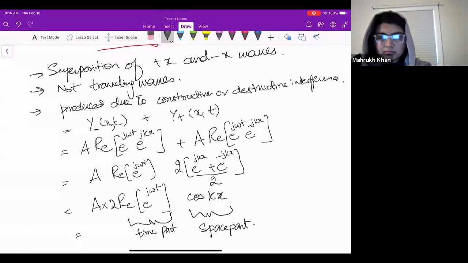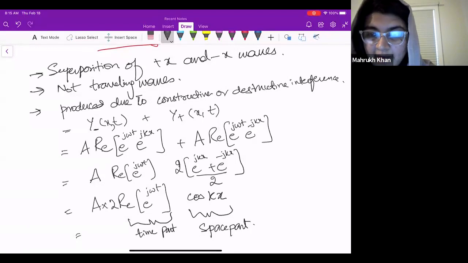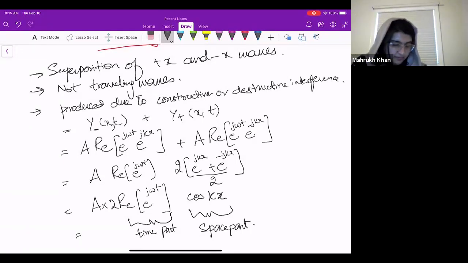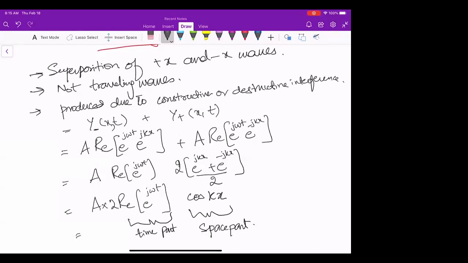Okay, is it clear or is it confusing? I can do some more explanation if it is confusing. Aaron, what do you think? I think it makes sense.